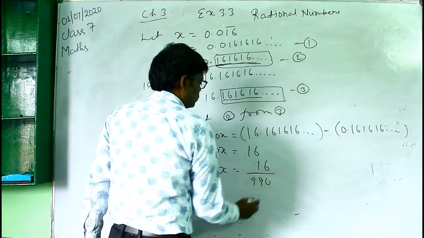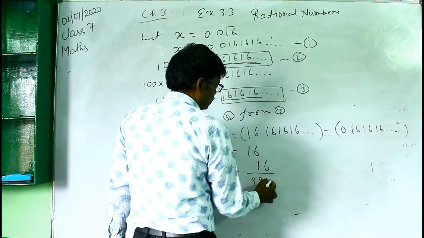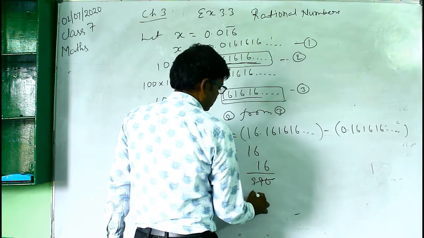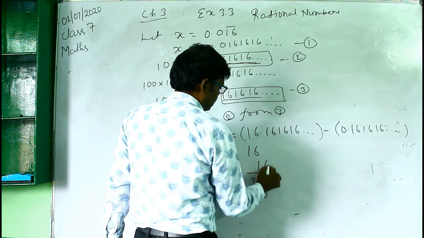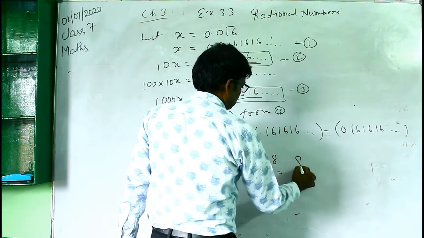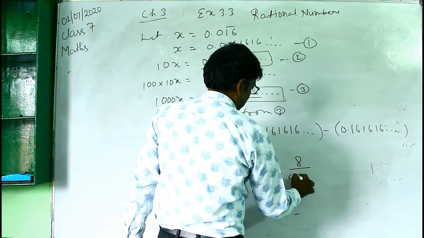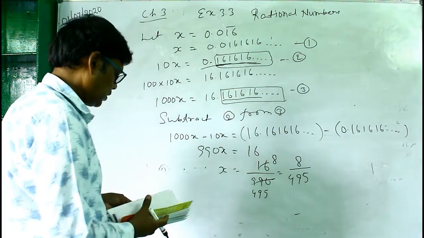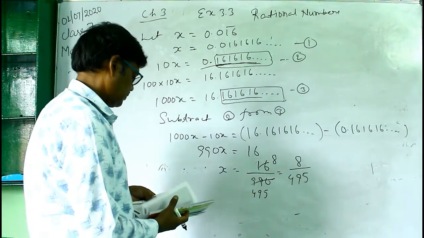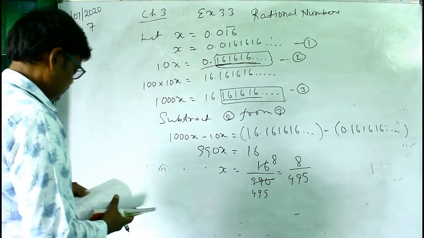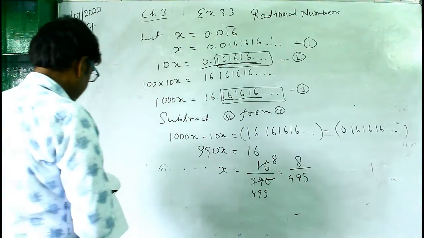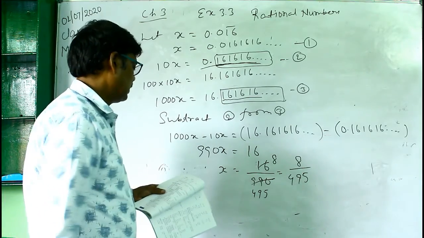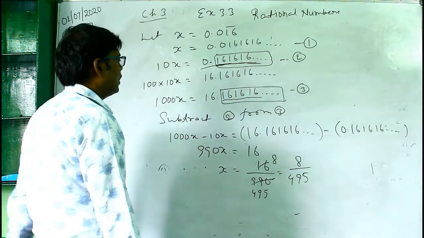Now you can also cut it here, because 2 4s are 8, 2 9s are 18, 2 5s are 10, and 2 8s are 16. So the answer is 8 by 495. Okay, so this is the answer of this question.